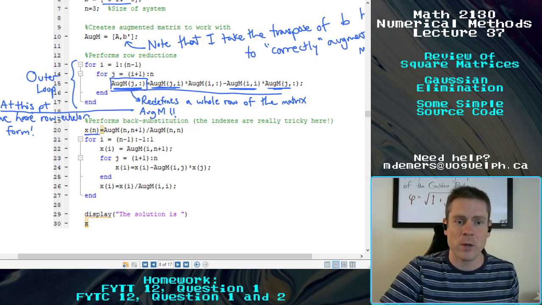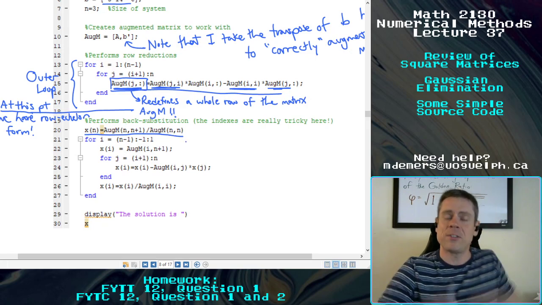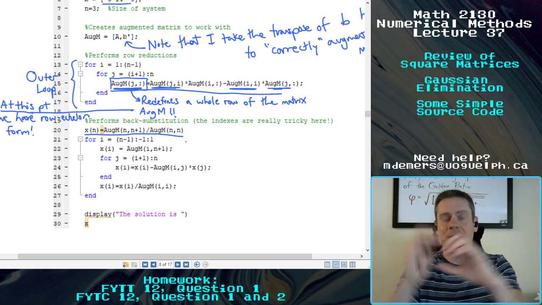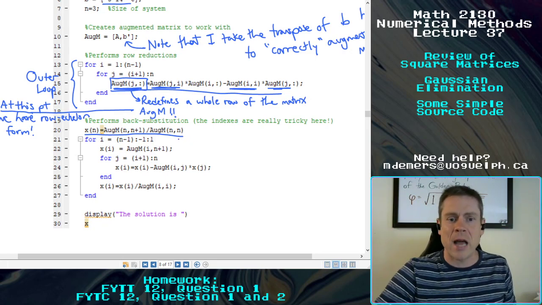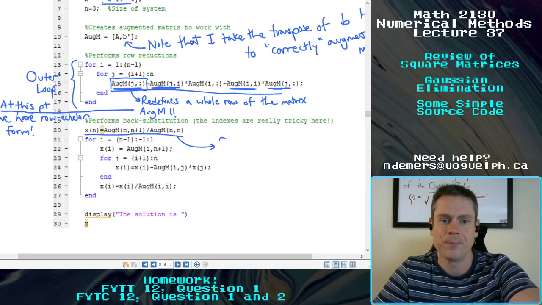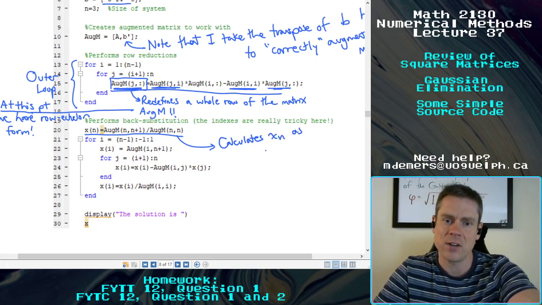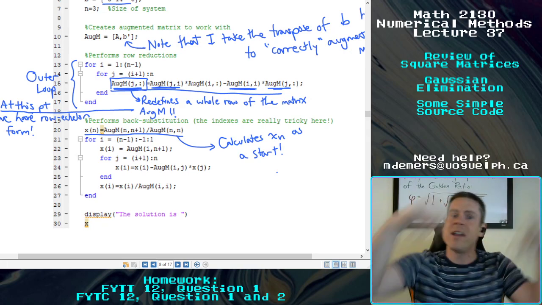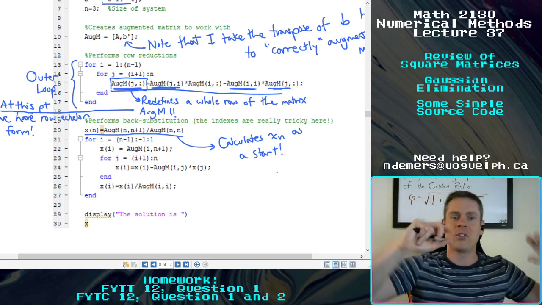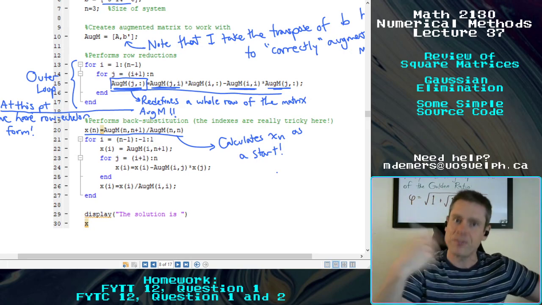The very first one, xn, notice that I'm just using that very first formula. This is the very last variable in that vector, that xn, so we only have a single division to do. So this one, I'm just going to do that first one. So I'm going to say calculates xn as a start before I jump into that loop.